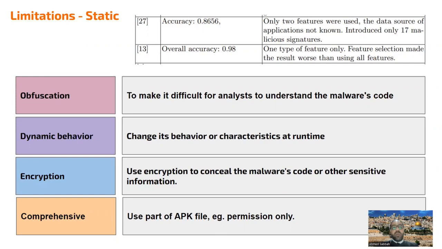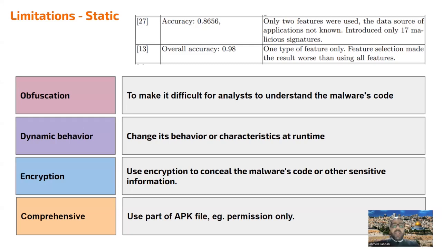For example, obfuscation is a technique to make the code more difficult to understand and analyze. When we're using a static analysis approach, you fall under this type of limitation, so you may not understand the code or not be able to de-obfuscate the code, and so on.